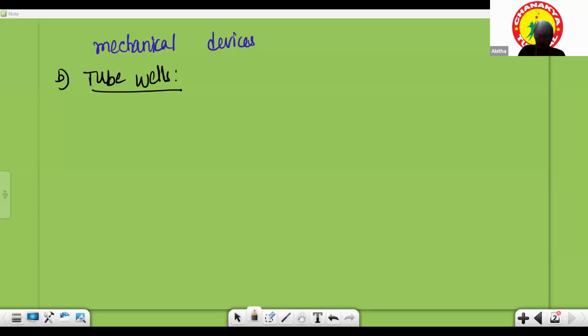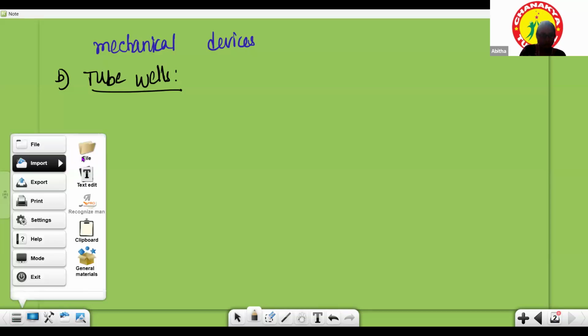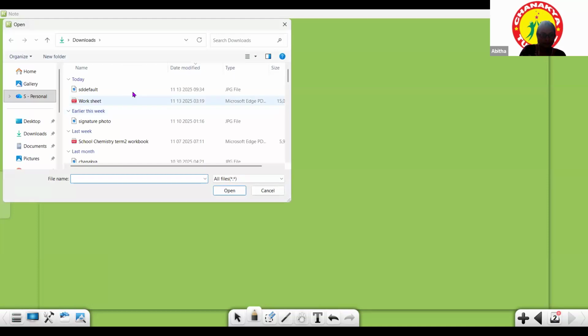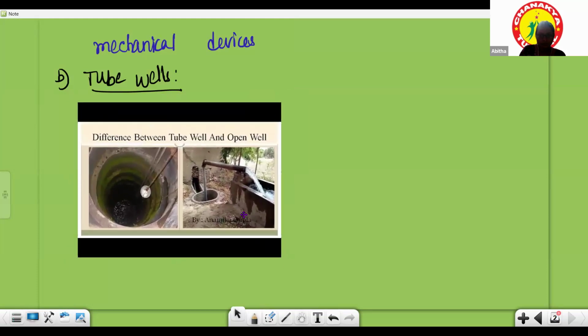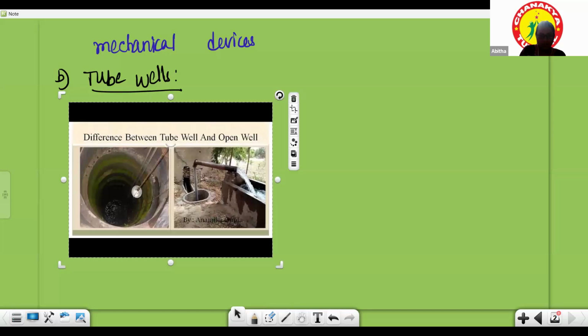Okay, I'll add a picture here. So what is a tube well and what is an open well? Can you see? Have you ever seen these?